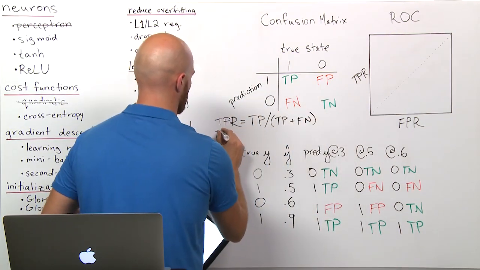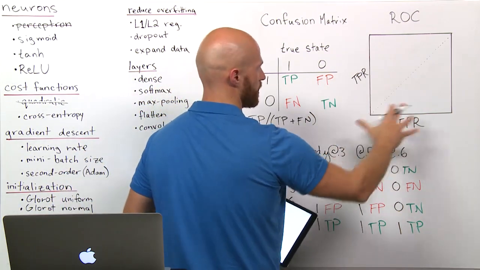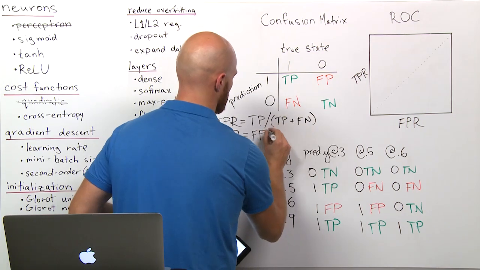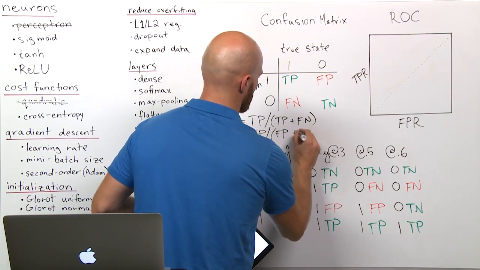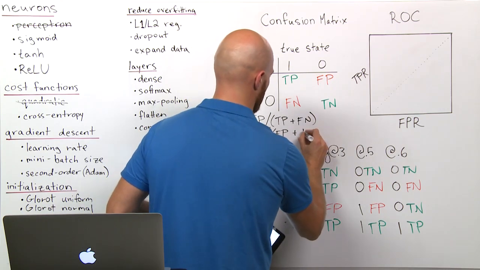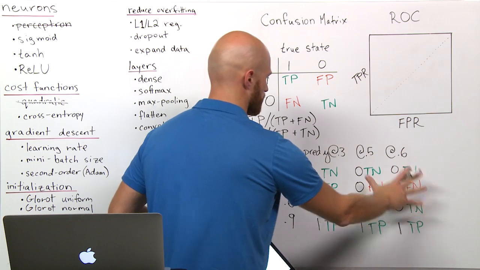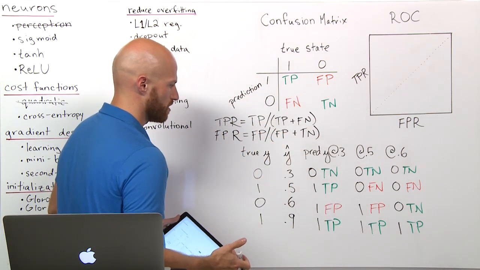And then the false positive rate, which we have over here, we'll get to this diagram in a second, is all of the false positives divided by the false positives plus the true negatives. So now we're distilling all of this information into two metrics for each of these values.